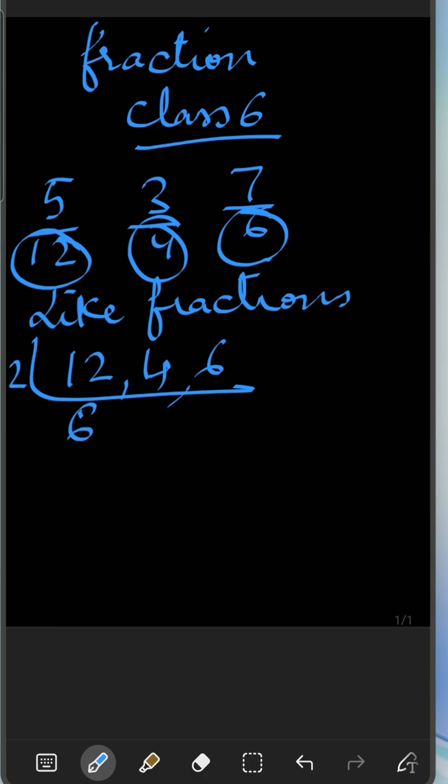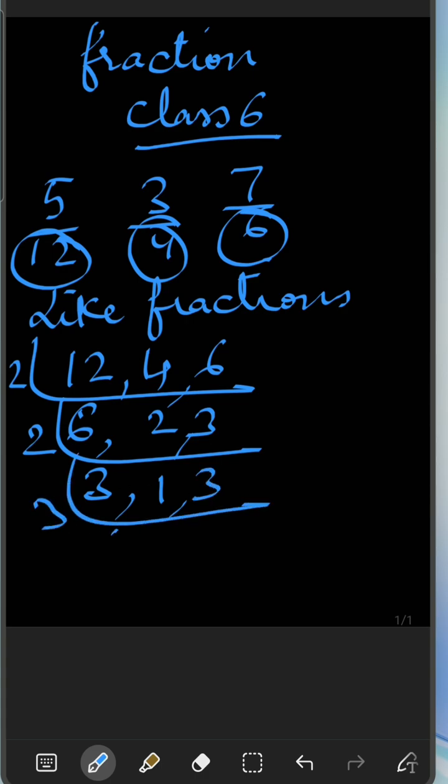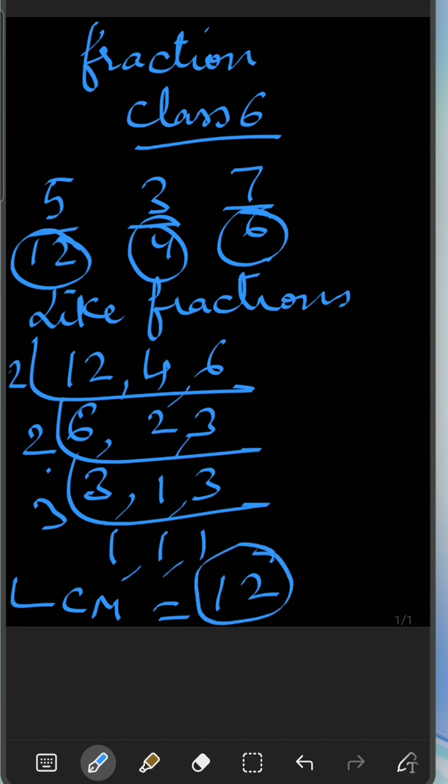So if we take the LCM of these numbers, we have to factorize these three numbers. Okay, so LCM would be 2 into 2 is 4, 4 into 3 is 12. So what we have to do is convert all the denominators to this value.